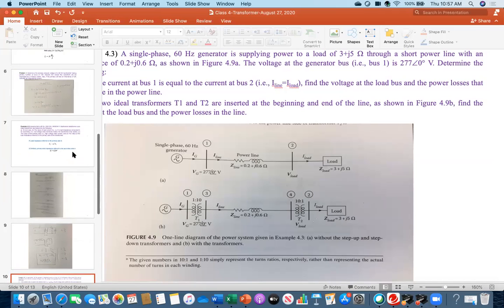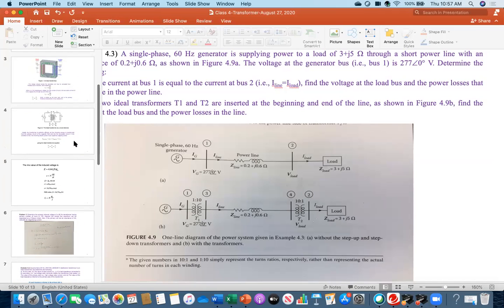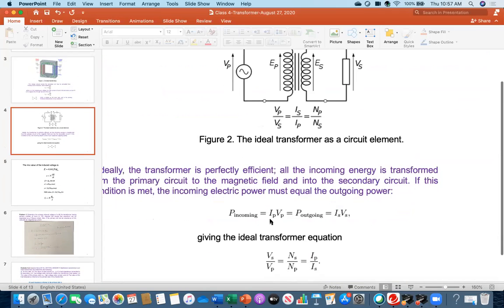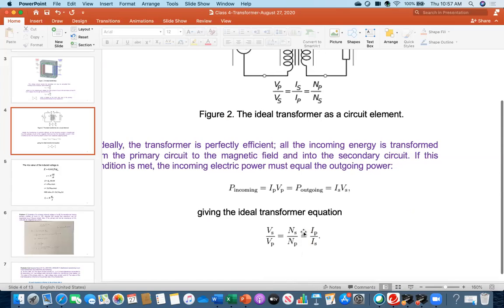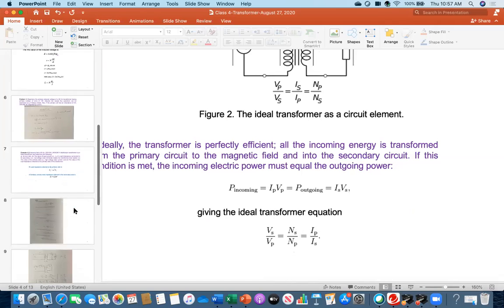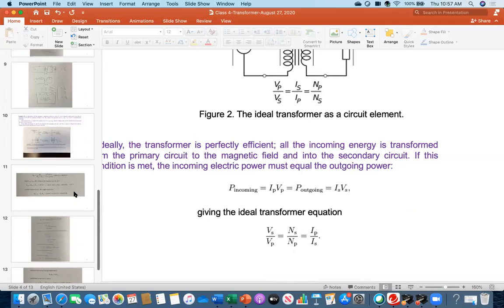Let me go back. Look at the very last line, this one and this one. IP over IS equals NS over NP. Keep that in mind.